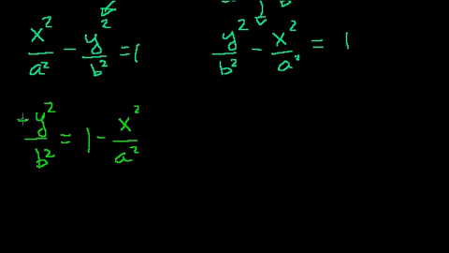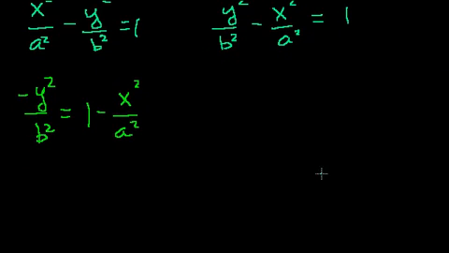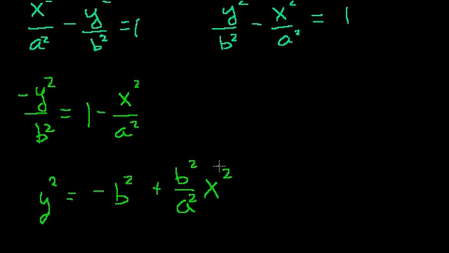And then I want to get rid of this minus and I want to get rid of this b squared. So let's multiply both sides of this equation times minus b squared. If you multiply the left-hand side times minus b squared, the minus and the b squared go away, and you're just left with y squared is equal to minus b squared times a plus, that becomes a plus b squared over a squared x squared.